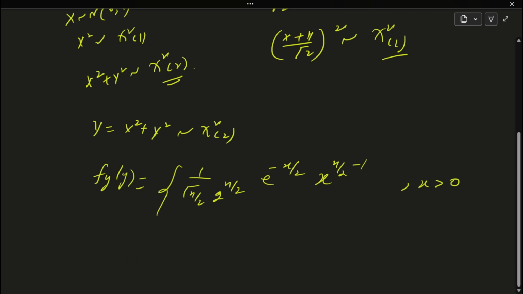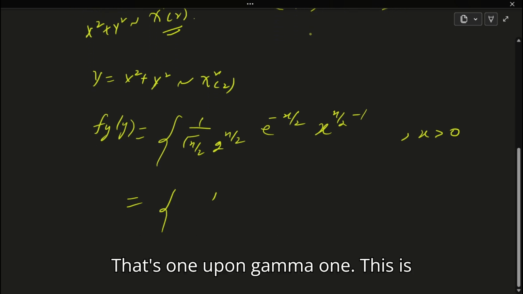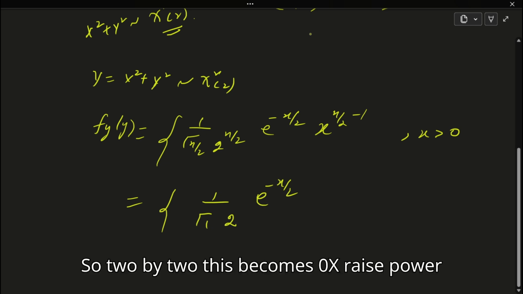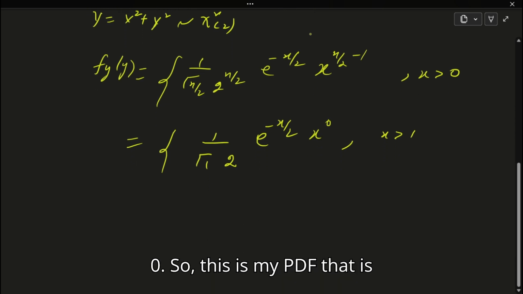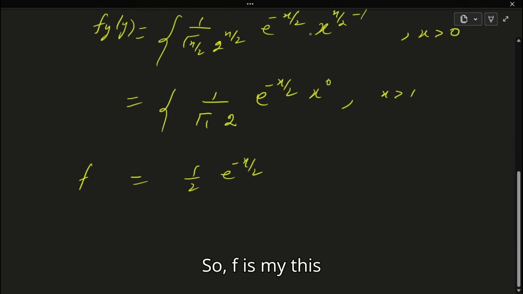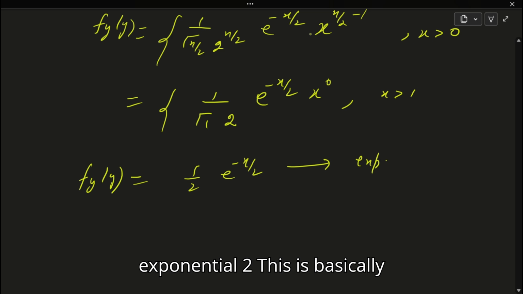Let me write the whole PDF first. So in place of n, we replace n with 2. That's 1 upon gamma 1, 2 to the power 1, e to the power minus x by 2. So 2 by 2 minus 1 is 0, x raised power 0. So this is my PDF, that's 1 by 2 e raised power minus x by 2. So f of y is this. Clear? So what's this? This is basically exponential with mean 2.